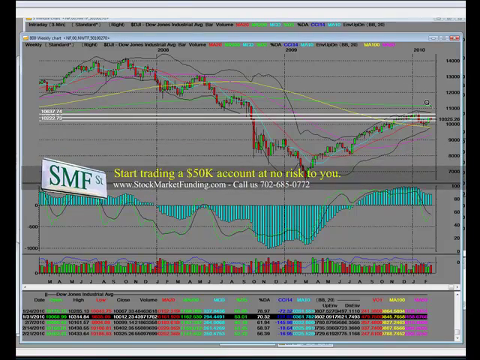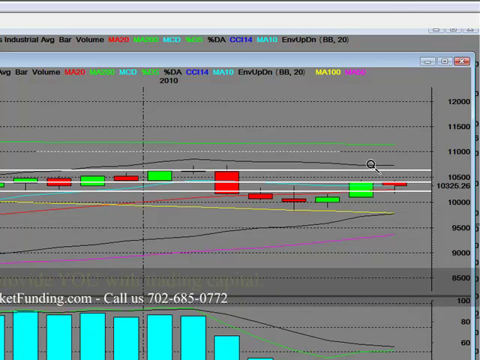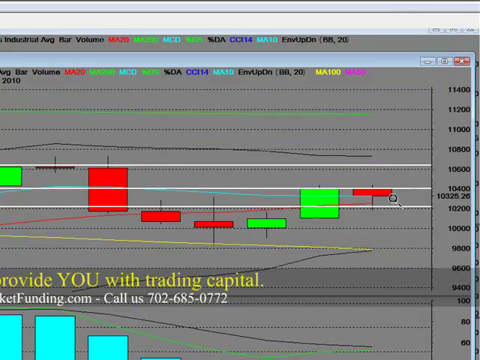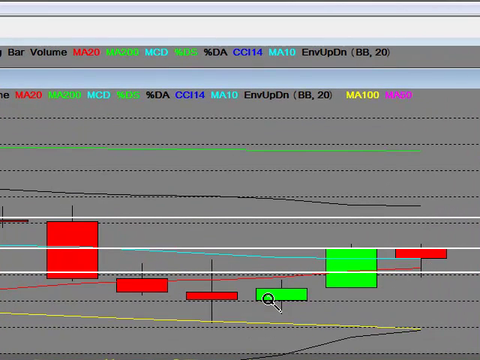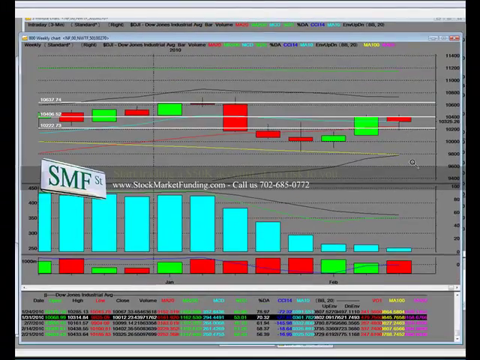I don't want to make the tape too long, but I will encourage you to follow other Dow tapes going forward. I'm not calling this a new bull trend yet, but I am telling you what it would have to do to be a new bull trend. Until that happens, there needs to be a lot more volume, and fund managers need to be stepping into the marketplace.